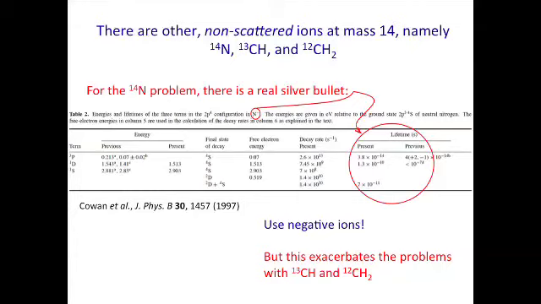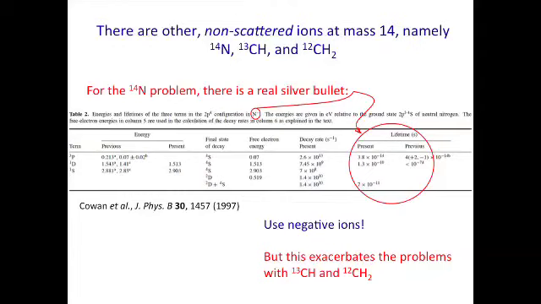It's the most abundant nuclide in the atmosphere. It's everywhere. And if you try to build a system based on positive ions detecting carbon-14, you're doomed to failure. Really smart people worked on it for decades and never made it work.